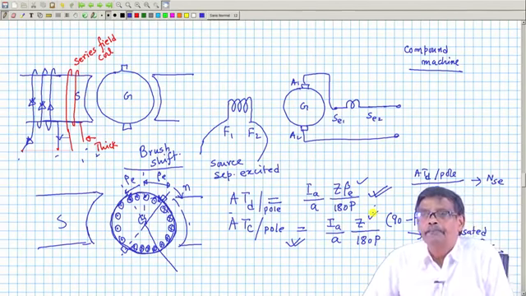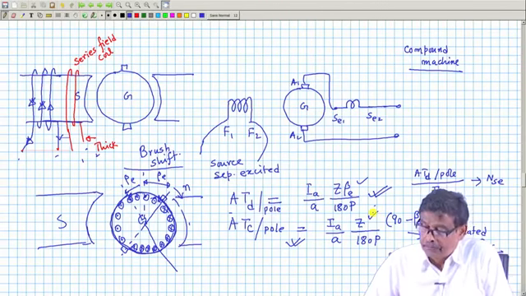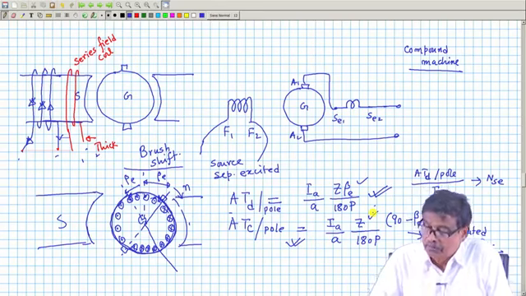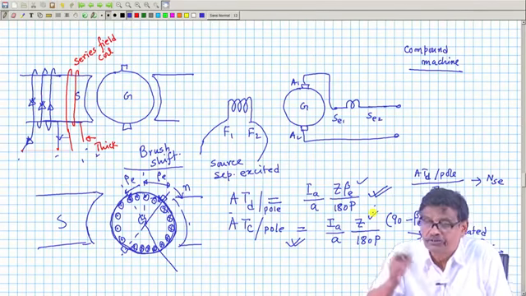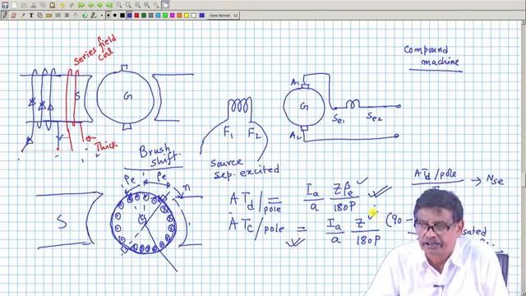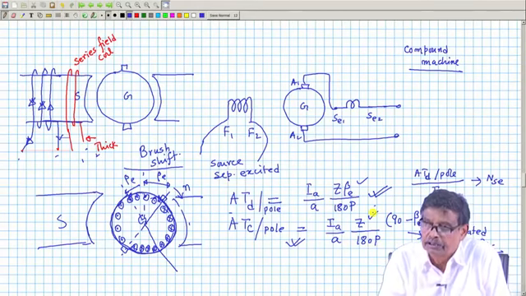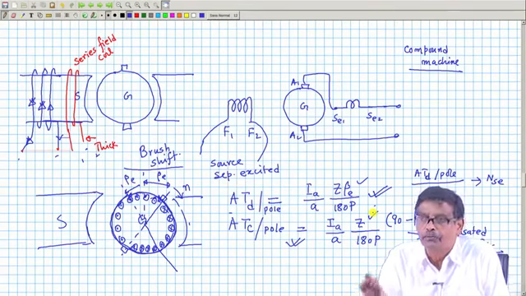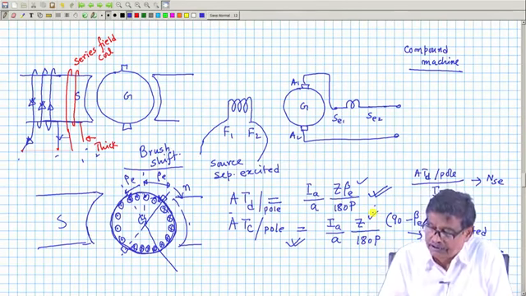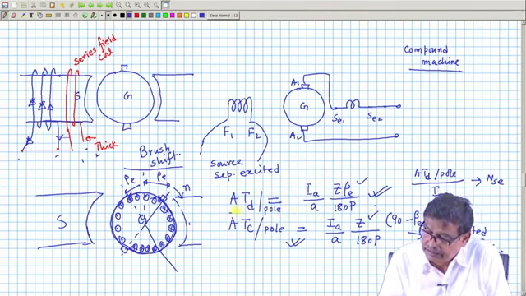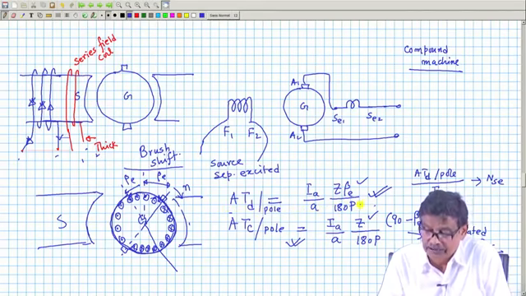If a machine is having brush shift, then at least we understand the problem. There will be demagnetizing ampere turns per pole, not simply because of distortion, some little reduction in flux, but direct opposition, and brush shift I have done to improve commutation for large machines. If I have done that, then this ATD per pole is to be compensated.